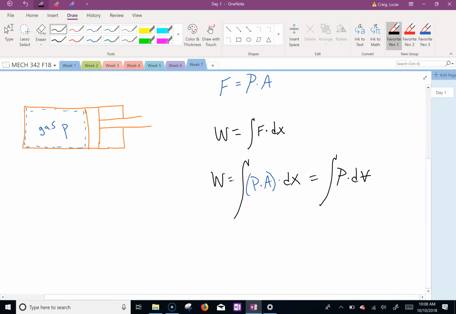Area times dx is really a dV. This was on your test, right? If you know your pressure and your volume, you can figure out the amount of work done by compression or expansion.